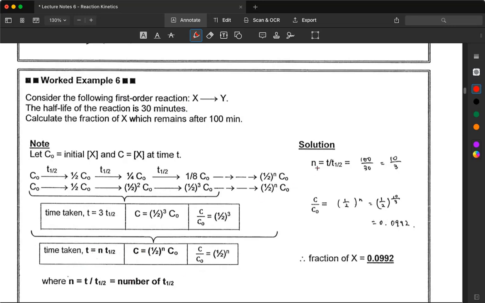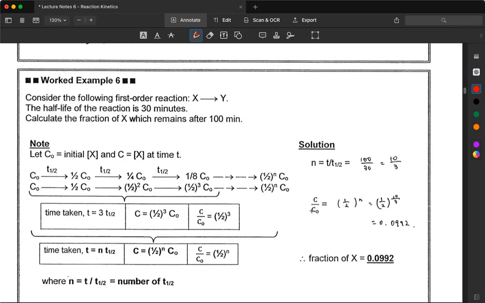And for the solution, you can just take 100 minutes, divide by 30 to get the n. So n is 10/3, taken from 100 divided by 30.